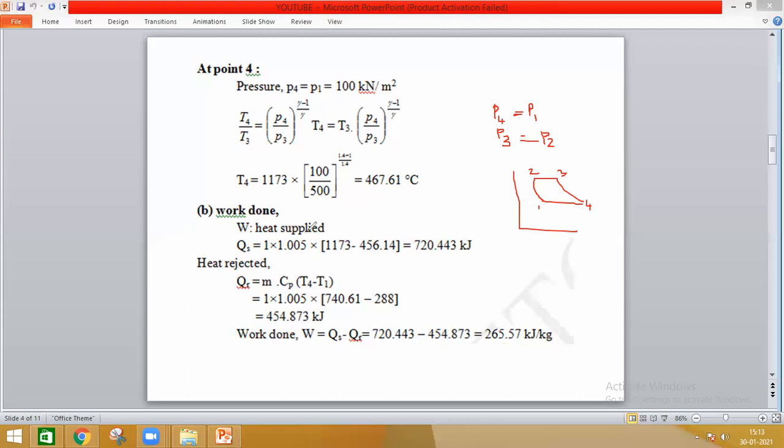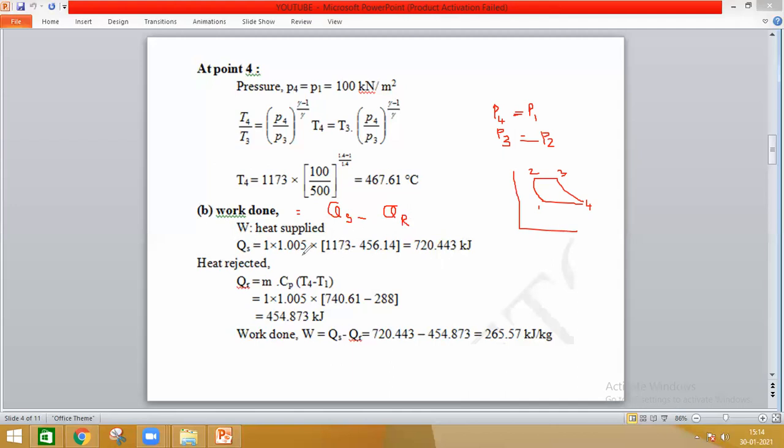So work done is heat supplied minus heat rejection, right? Work done is QS minus QR, where QS is heat supplied and QR is heat rejected.